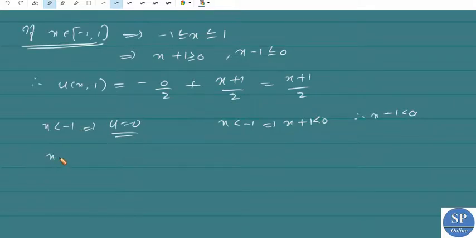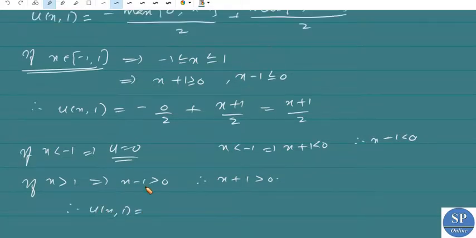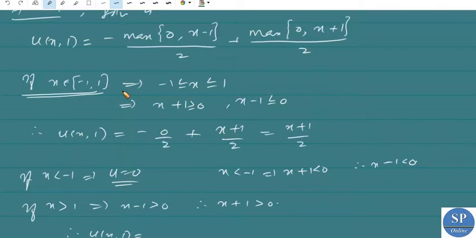Now if x is greater than 1, we have x minus 1 greater than 0, and therefore x plus 1 is also greater than 0. So in that case u of x, 1 is nothing but this. We have x minus 1 greater than 0, so the maximum of 0 comma x minus 1 is x minus 1.